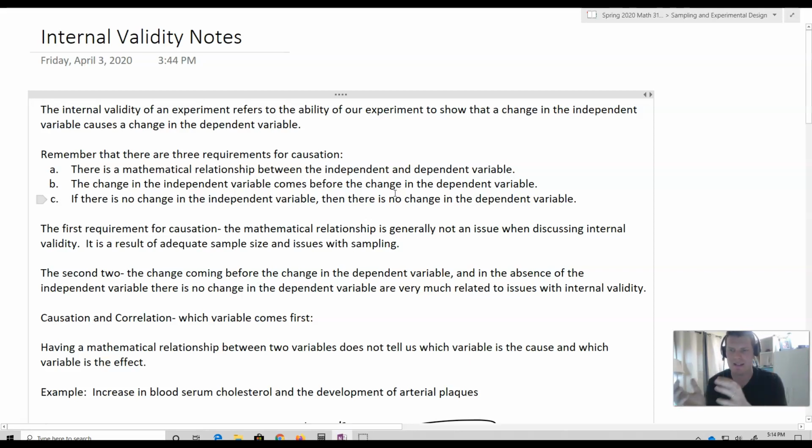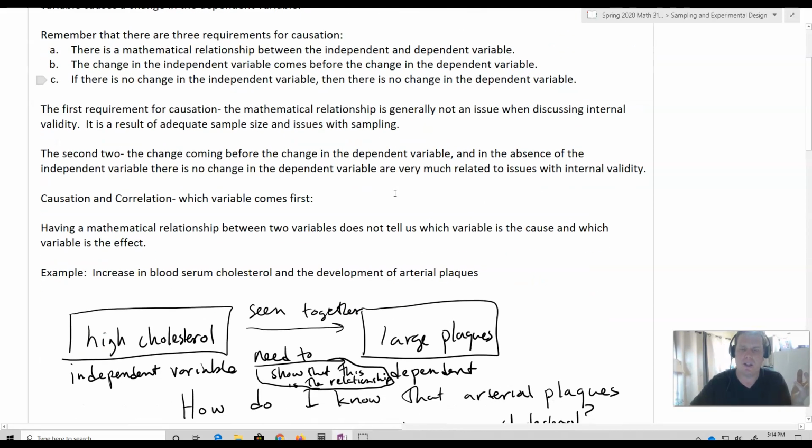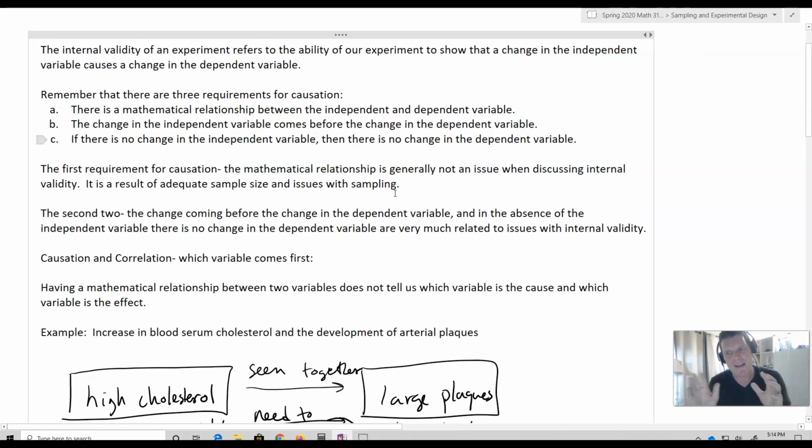We know that one comes first and the other second, say, in pre-test and post-test interventions. First and second is built into the experiment. On the other hand, in some cases, like our issue with cholesterol and plaques, we might have a little bit more of an issue.